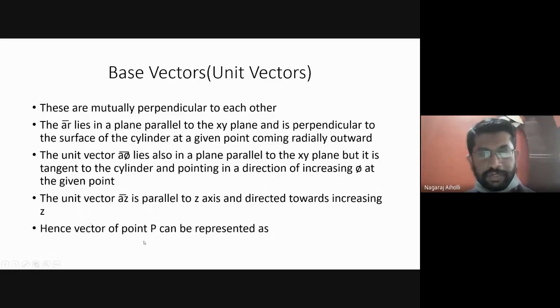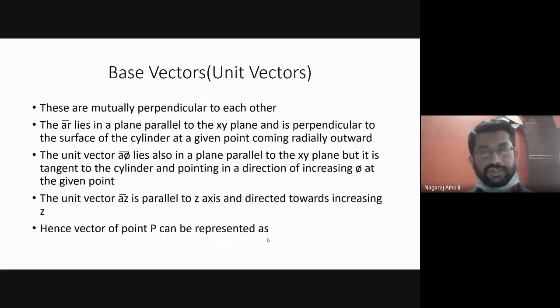Hence, the vector of point P can be represented as... how can you write a vector, students, here? If I give you a point P of R comma phi comma Z, how can you write a vector? Now, if you have the point x1, y1, z1 in Cartesian, how did you write it? x1 ax bar plus y1 ay bar plus z1 az bar.